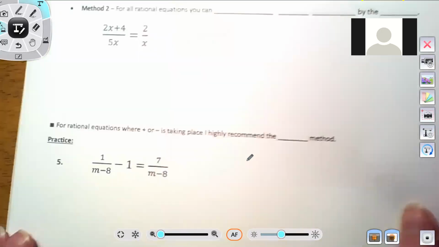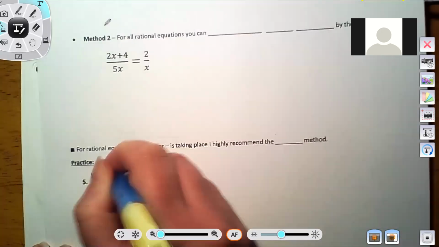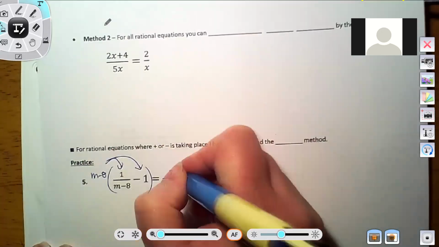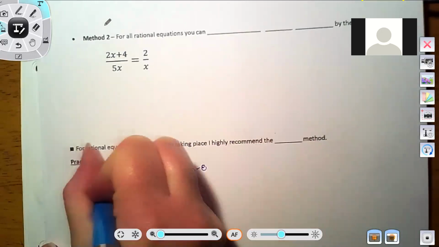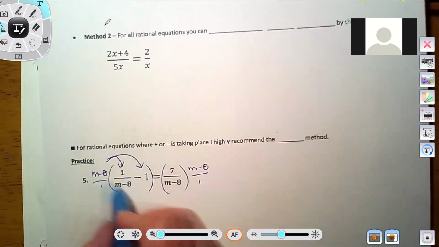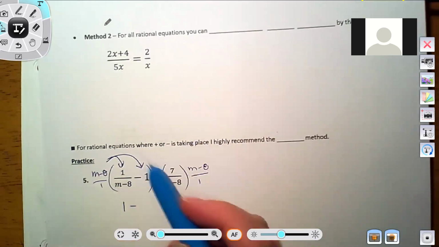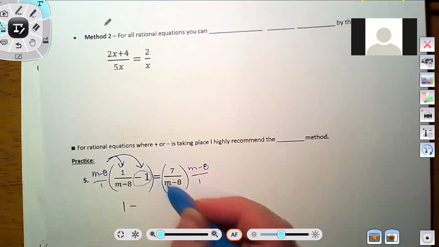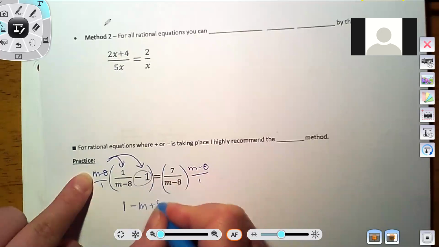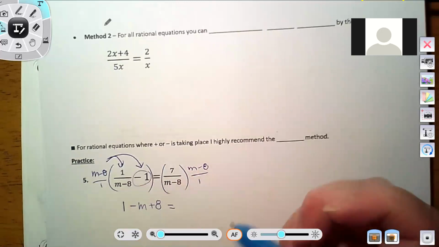Let's do it together here. So m minus 8, and then m minus 8, so it's like m minus 8 over 1. The m minus 8s would cancel and give me 1 minus m minus 8 times a -1. So we'll have negative m plus 8. I just didn't show that as clearly before.